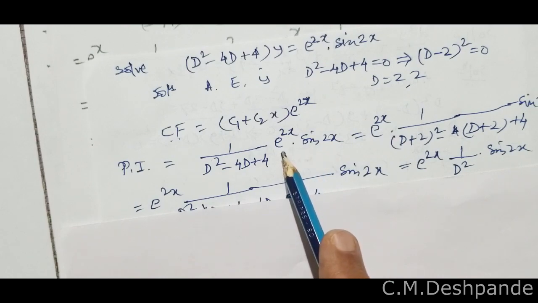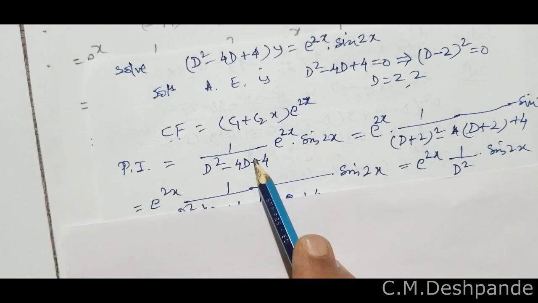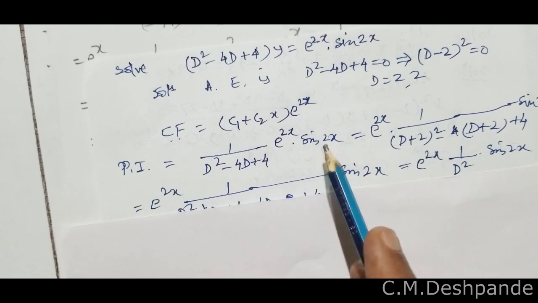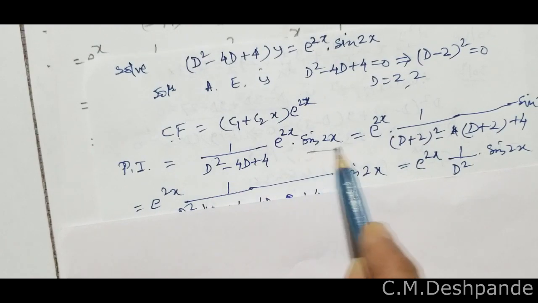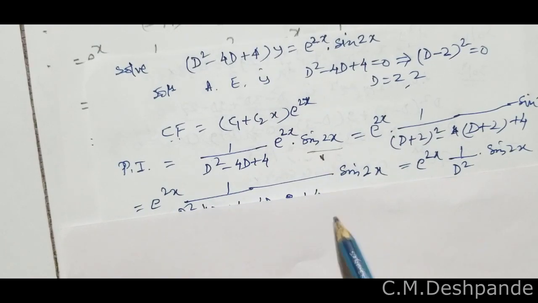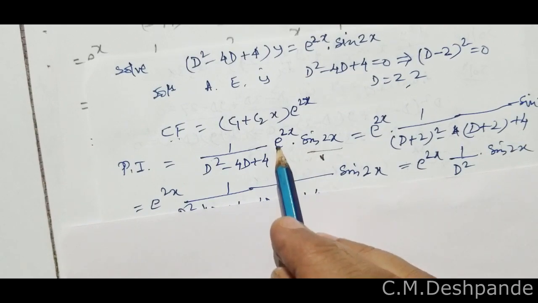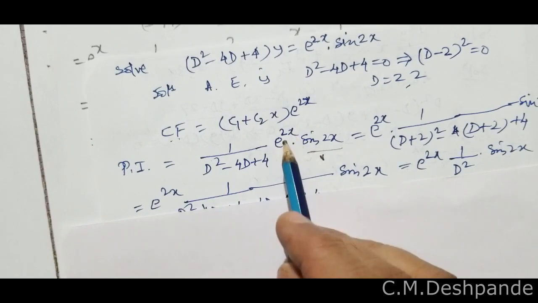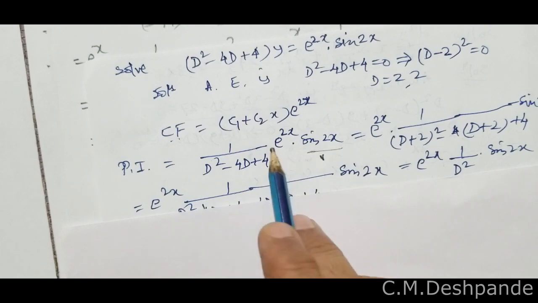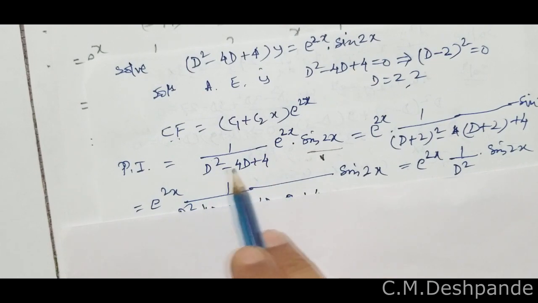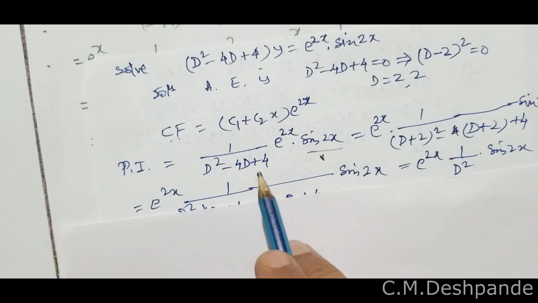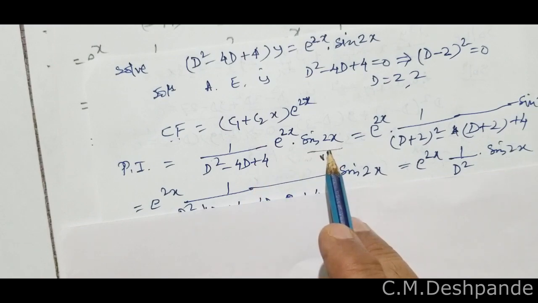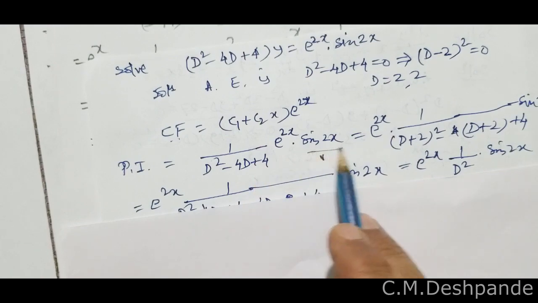Then compare with method number 4. Using method number 4, we can operate 1 upon f of D on e raised to ax into v. Now this sine of 2x becomes v. Then take e raised to ax, that means e raised to 2x, out of the operator. Replace all D by D plus 2 and operate the resulting polynomial on function v, that is sine of 2x.